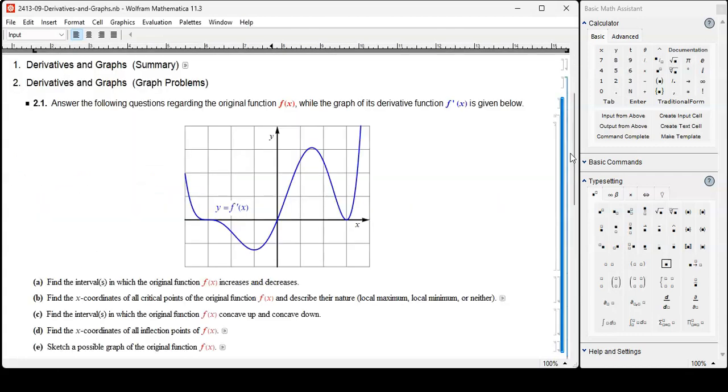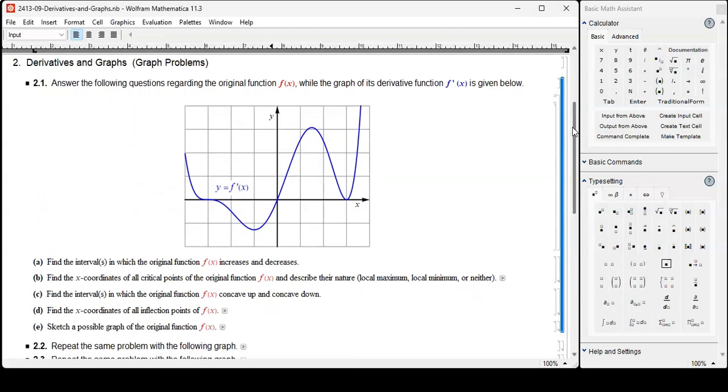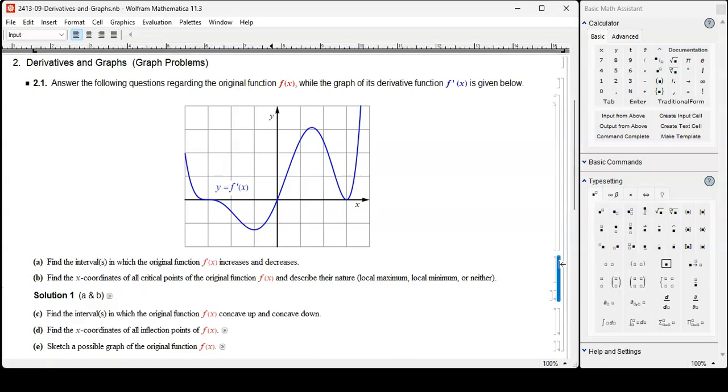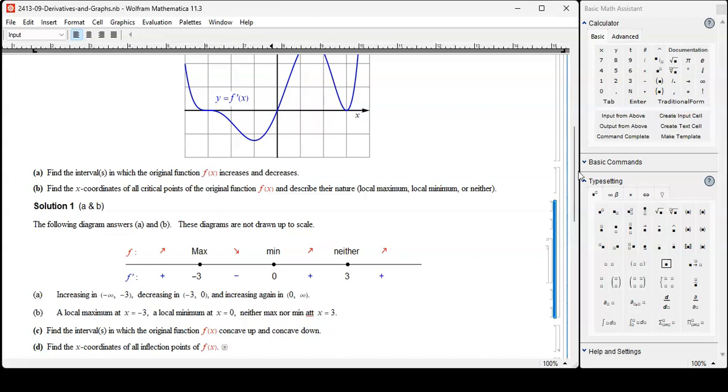We went through this problem, which I think is extremely important. Parts A and B always go together, and a single diagram completes both problems, like this.